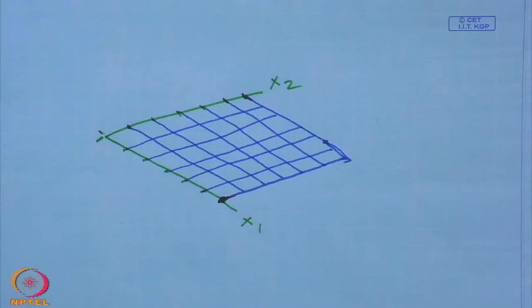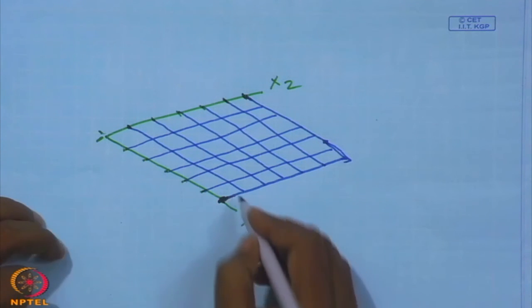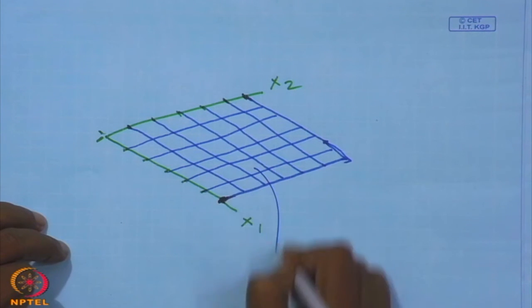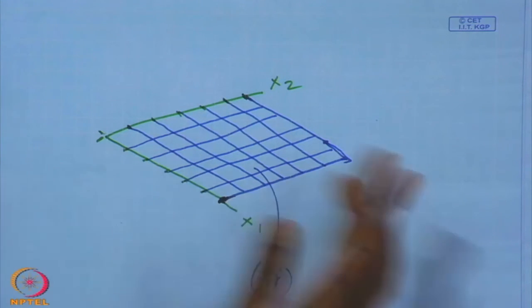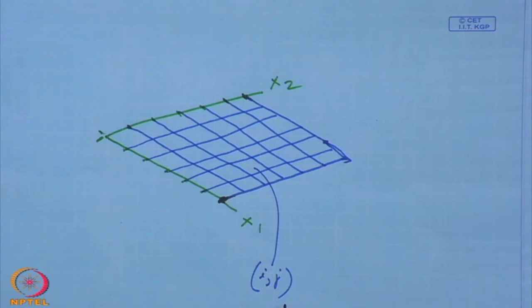As we have done in 1 dimension, here I will take a cell, say the ijth cell, because it is in 2 dimension. So, I have to have 2 indices, unlike a single index in the 1 dimensional case.